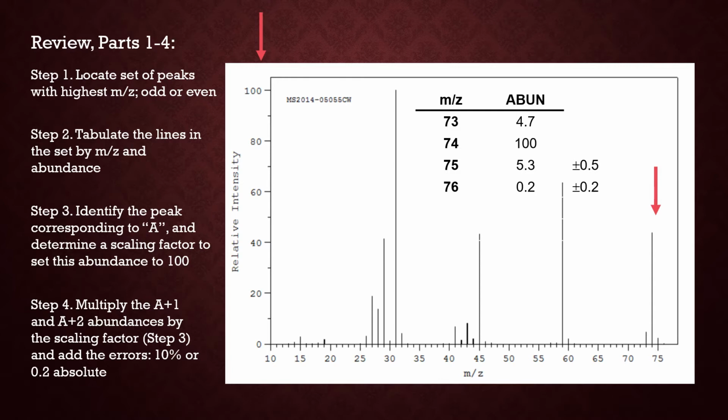I've multiplied the 74 peak by, I believe, 2.3, and the same 2.3 against the original abundances at 75 and 76. I then supply the error, 10% or 0.2 absolute, and I come up with the data as indicated. I have not touched the 73 peak because it's not going to be part of my analysis in this particular example.